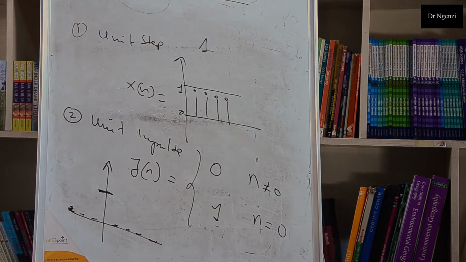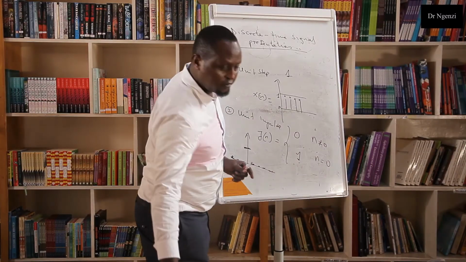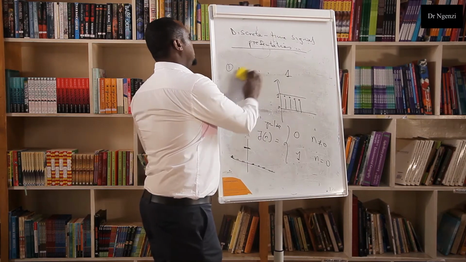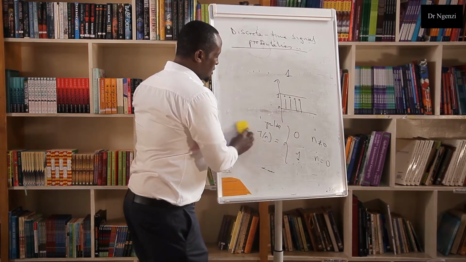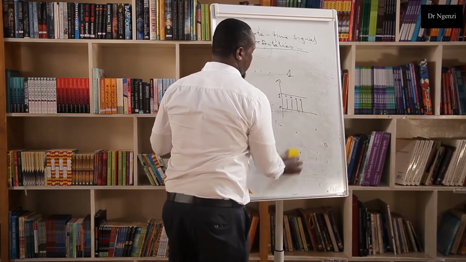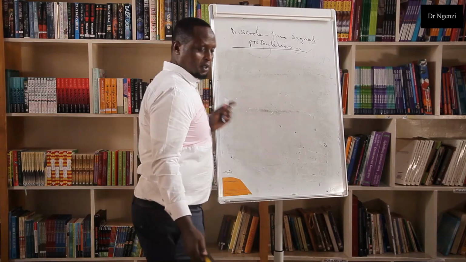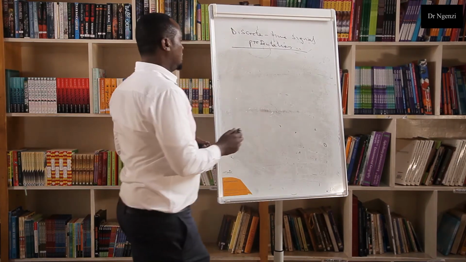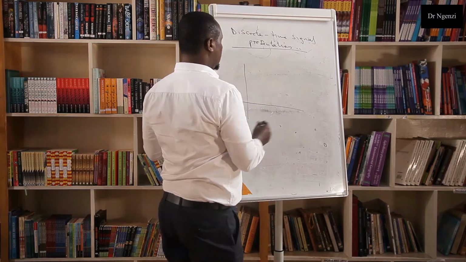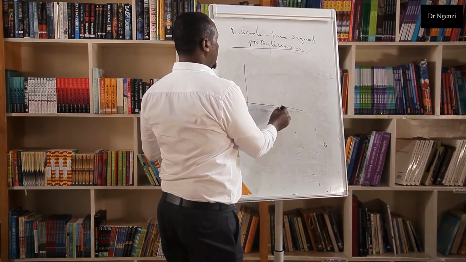But the unit shift, the delayed shift: if we want to delay or shift something, it is going to have some shift there. For example, it is going to shift from 0 to any value, call it 3.